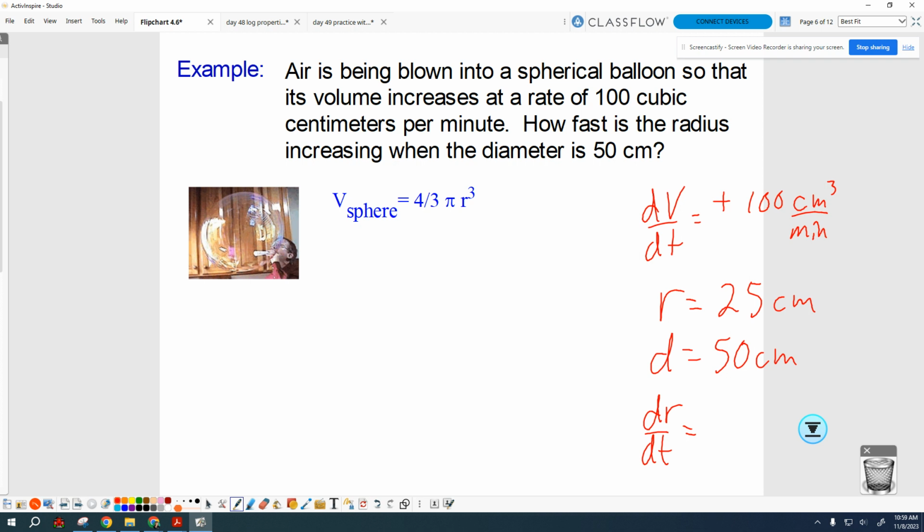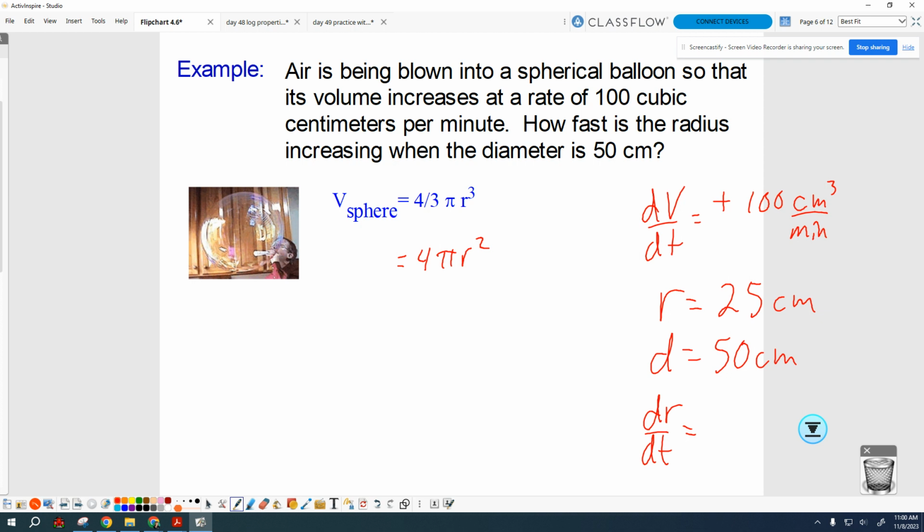So Arabella, what is the derivative of this stuff with respect to time? 3r squared times 4. So you multiply by the power and lower the power. And you keep pi. Why would it go away?